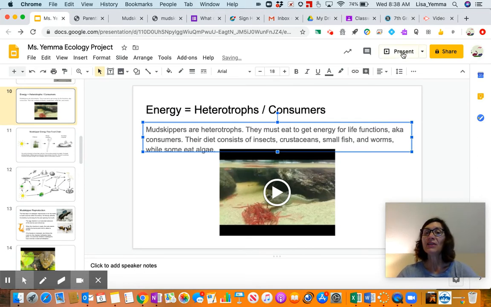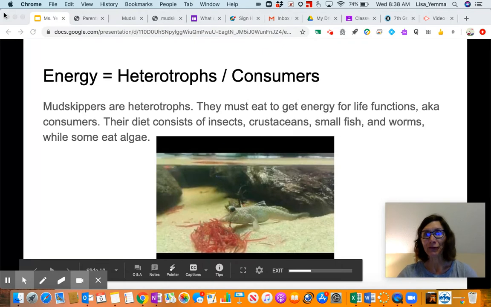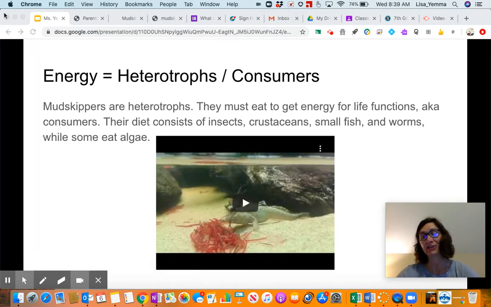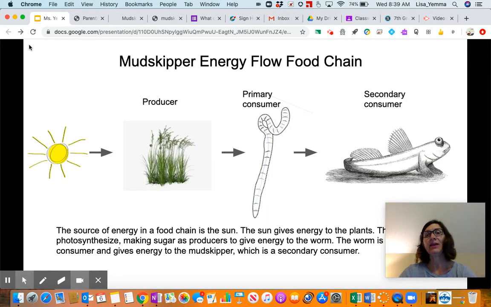So that idea that at the point I was doing my research, I only knew what I knew, and now I know more. So still heterotrophs, still consumers, but I added algae to the list. So what I did was I didn't update my energy flow chain.